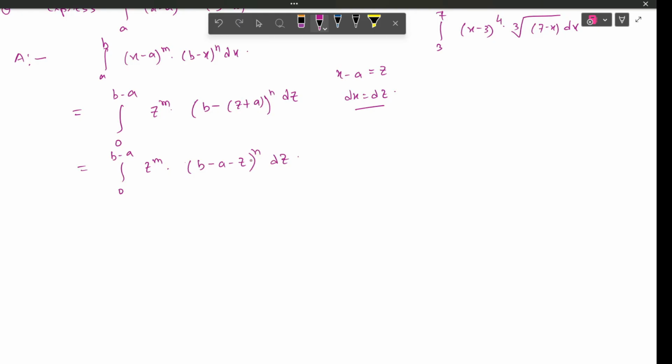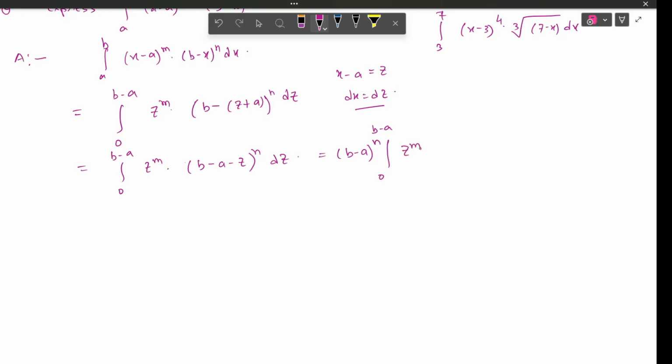Now what we can do is take b minus a common from this. It will be outside in the form (b minus a) whole to the power n, because here the power is n.